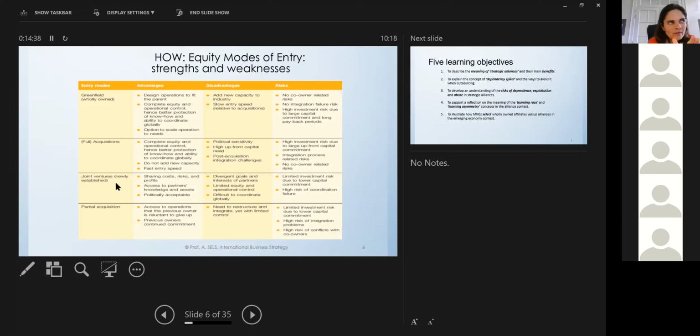In fact, when you have a greenfield investment, you add capacity and you set up a company from scratch. There is no existing sales yet, so that can be a risk. So a disadvantage here is certainly the new capacity that you put into the industry, whereas with an acquisition, you don't have this. The speed is also a difference.